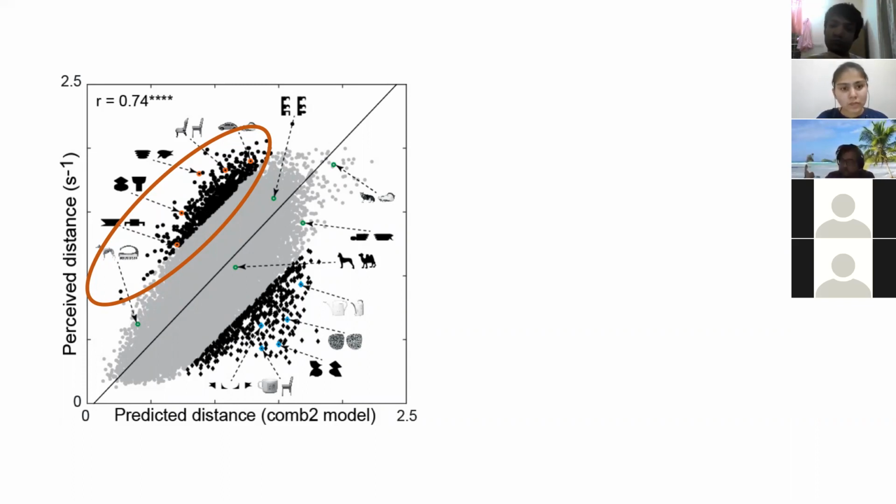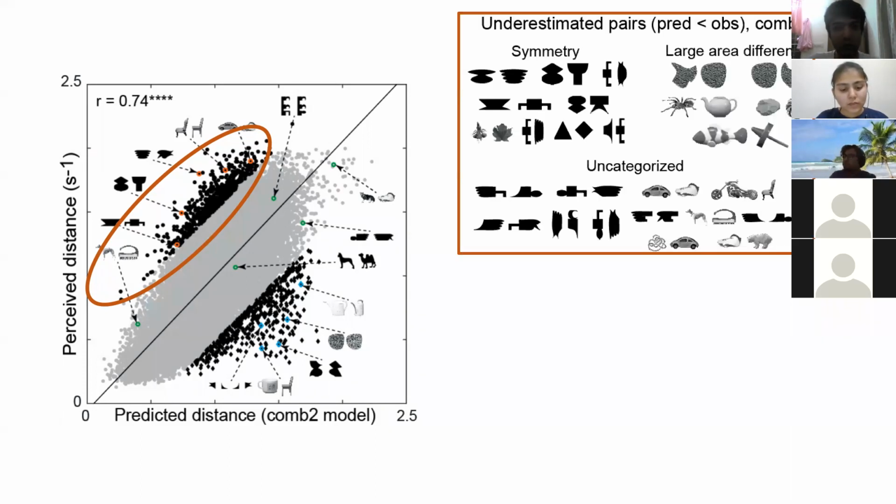So what are these object pairs? When we looked at a bunch of them, we found that most of them had symmetric objects, and most of them had differences in areas of these objects. And some of them, we could not put a label on.